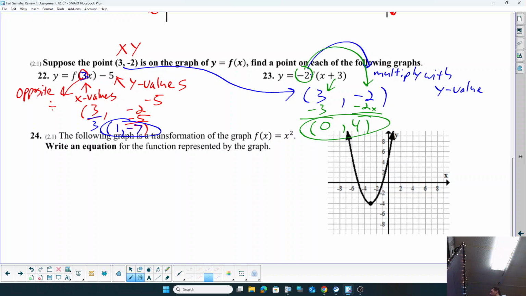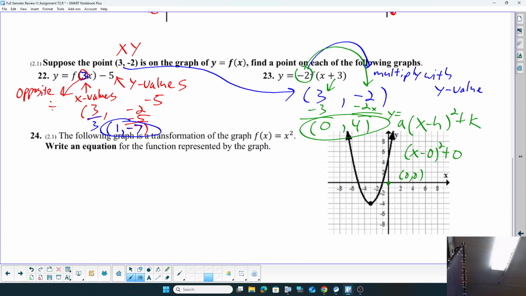The following graph is a transformation of x squared. Write an equation for the function. Okay, so we're going to count from 0, 0. So 0, 0 basically is our x minus h all squared plus our k value and our a value. So our original here is x minus 0 squared plus k, where k is 0.